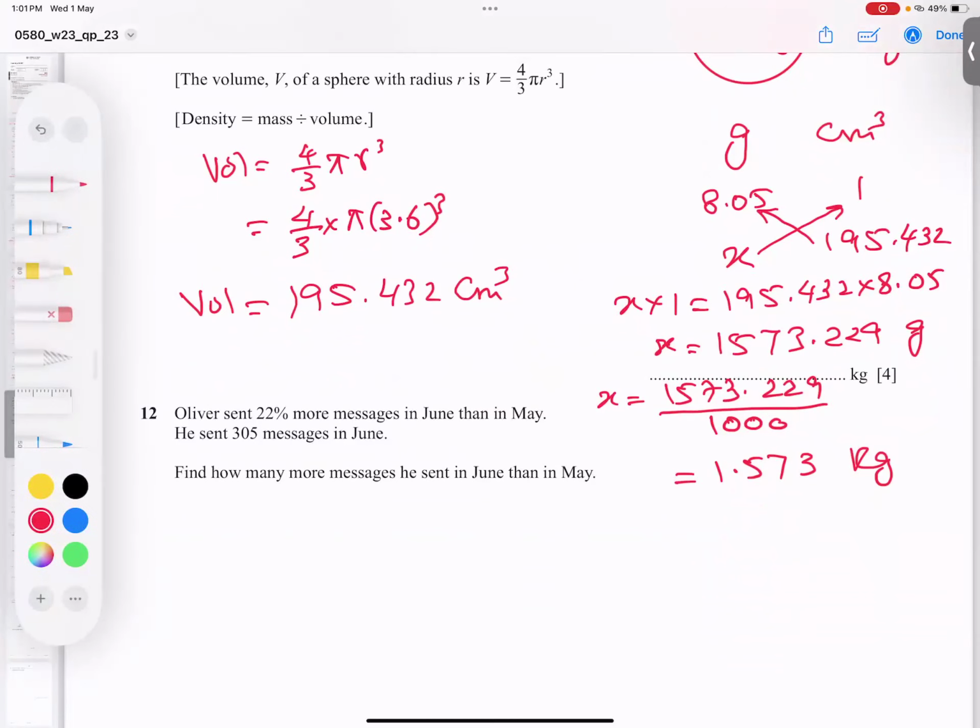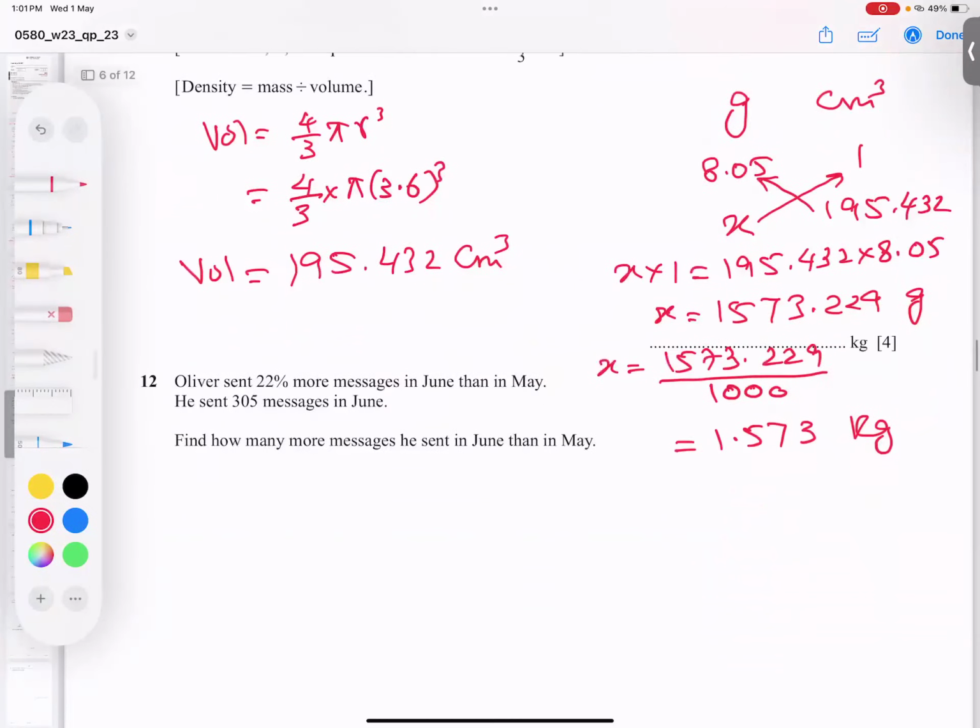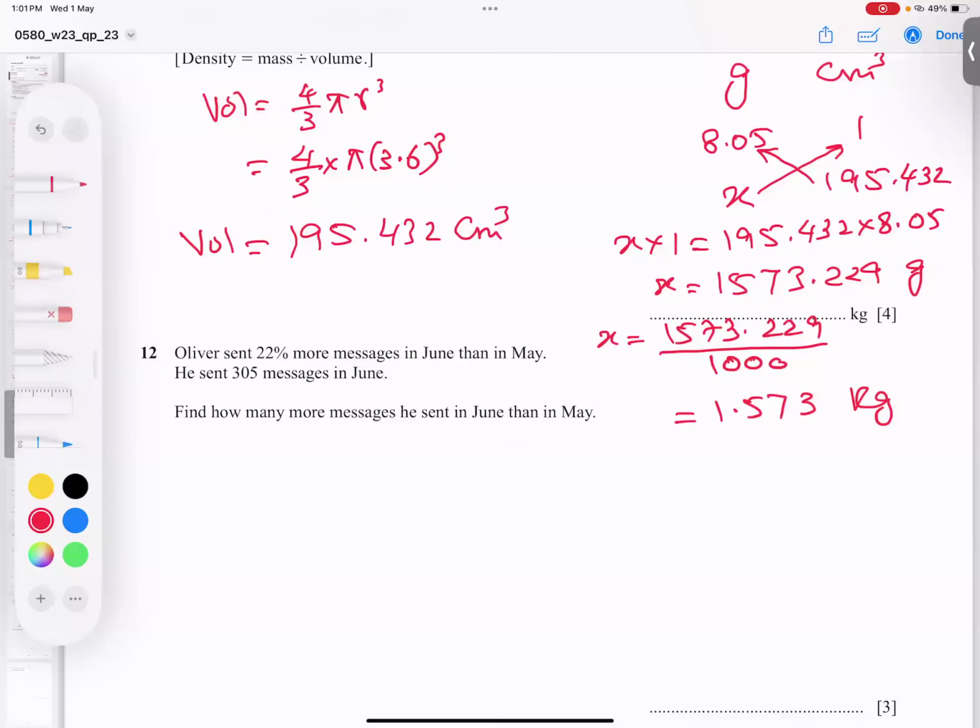Question number 12. What question number 12 do we have, students? A person sent 22% more messages in June than May. A person who sent 22% more messages in the month of June as compared to May.